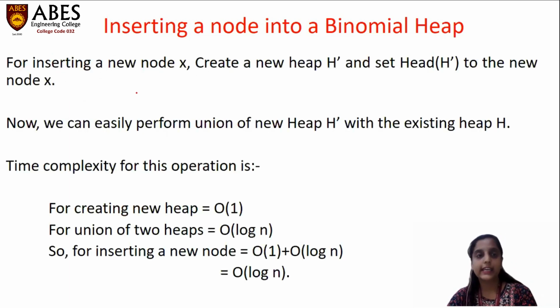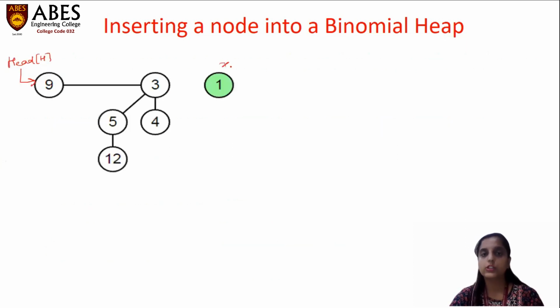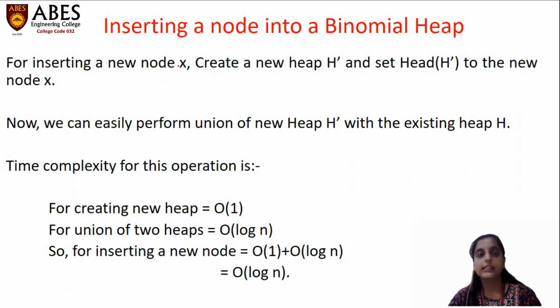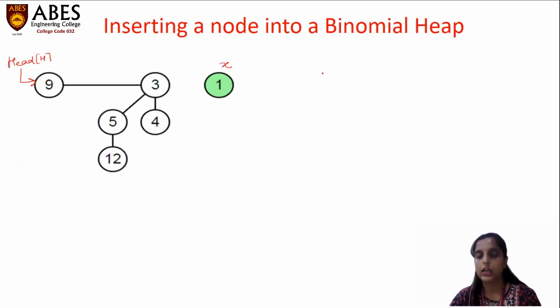It says that for inserting any new node, denoted by X, just create a new heap H dash. That means you create one more head H dash, and you point it to the new element, that is X.